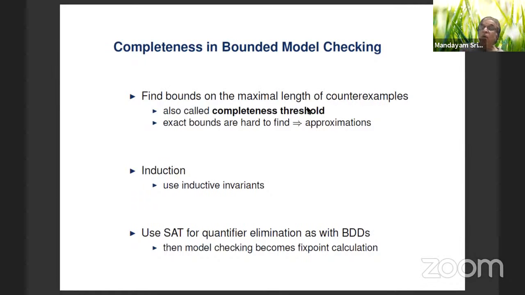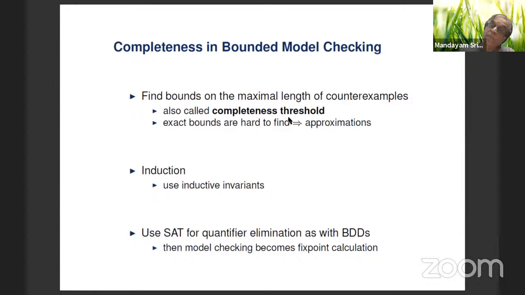It is also a function of the structure of the transition relation. But one can come up with certain loose bounds, if not exact bounds. But you should be forewarned that these bounds are property specific.